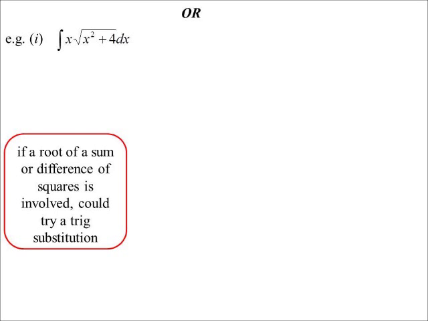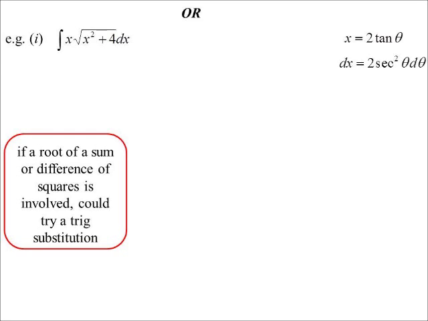Now, that's useful for the root, because if you can create a trig identity, you can turn the two terms into one term, and the trig identity is usually something squared, and so then you can get the square root of something squared. So x squared plus 4, think of your trig identities. Which trig identity had a number plus something squared? I'm going to make x equal to 2 tan theta. dx then is 2 sec squared theta.